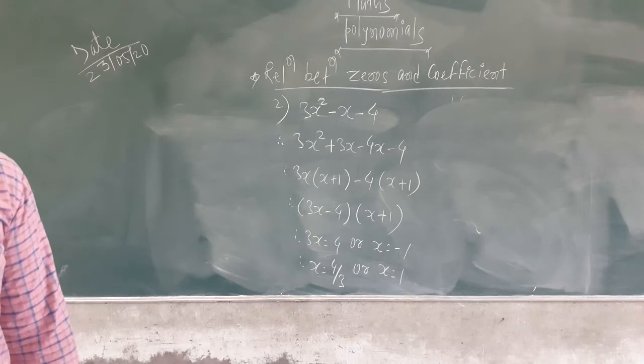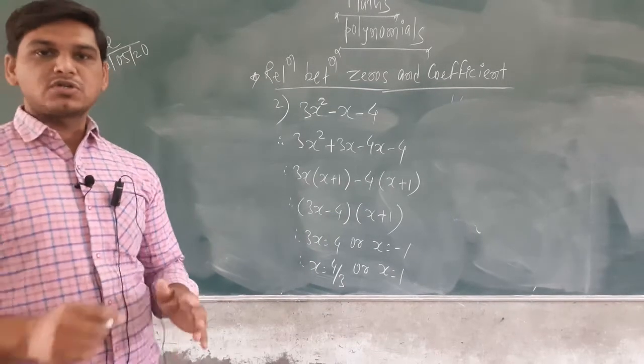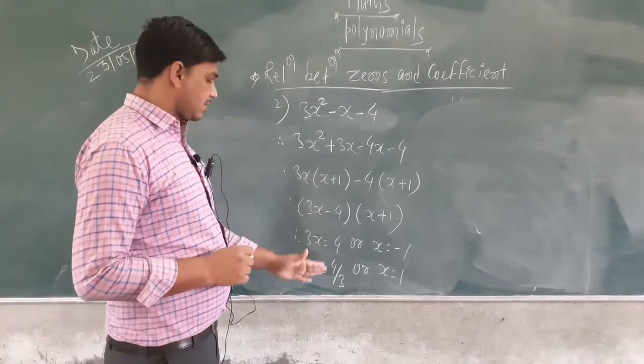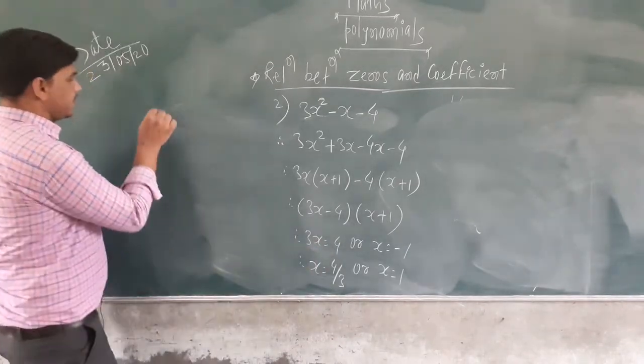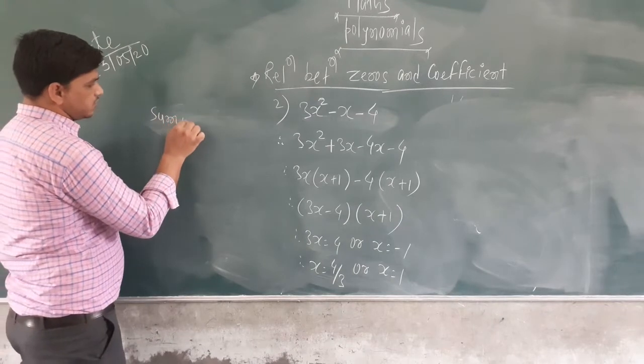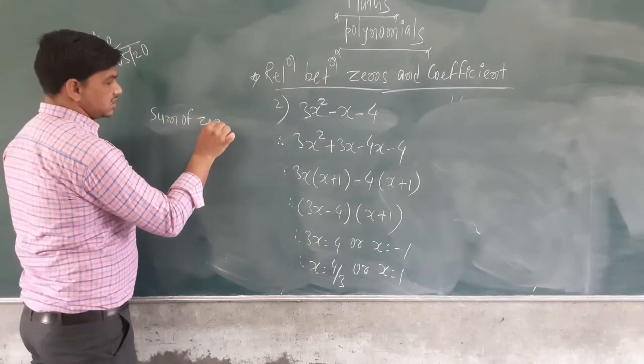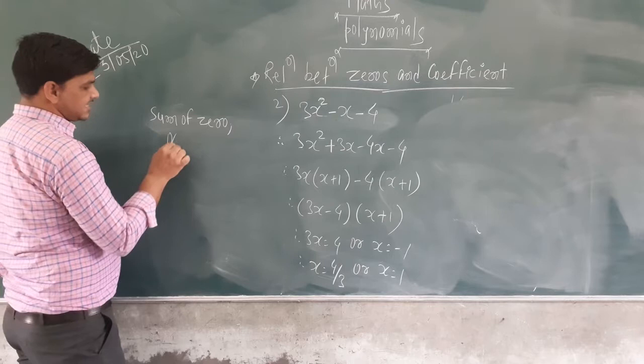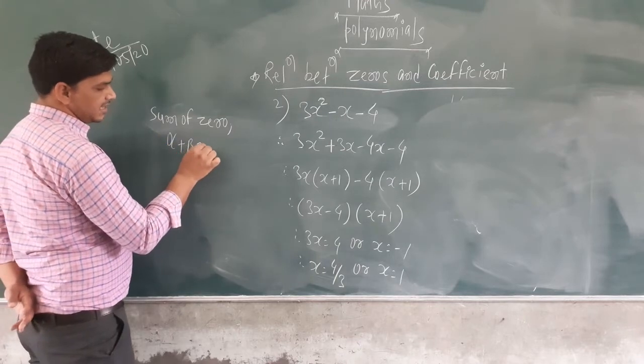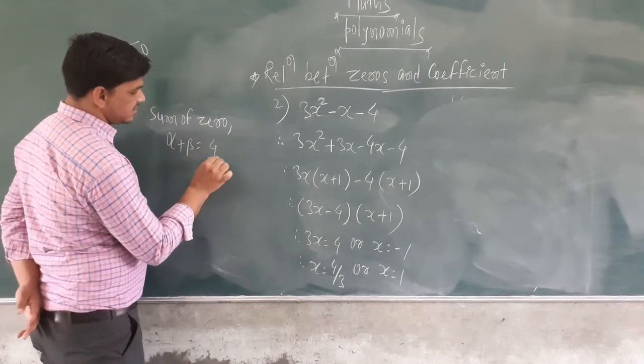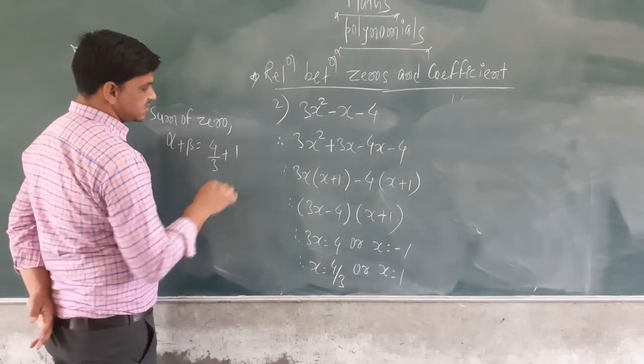Now how can we check this equation? First we have to find the sum of zeros, then we can find the product of zeros. Now sum of zeros, that is alpha plus beta. Okay, alpha is 4 by 3 plus beta is 1.